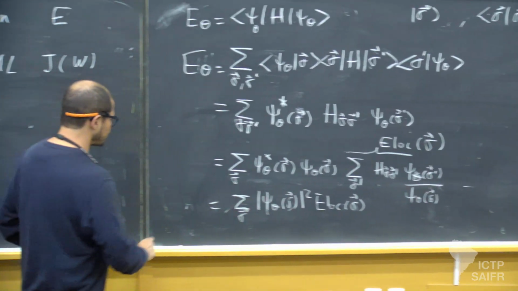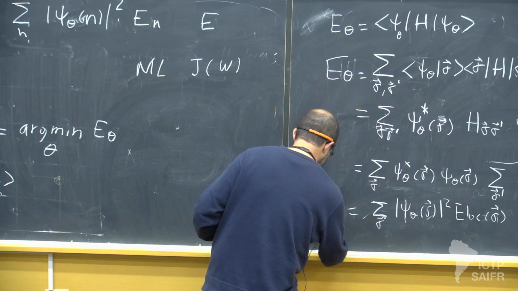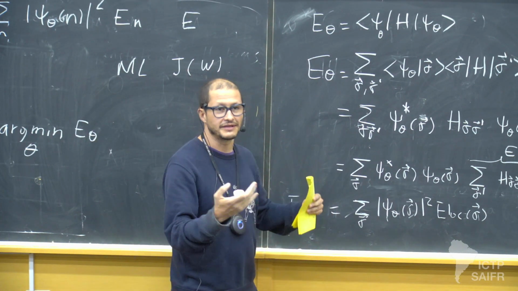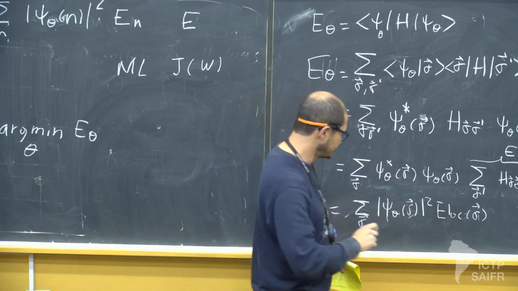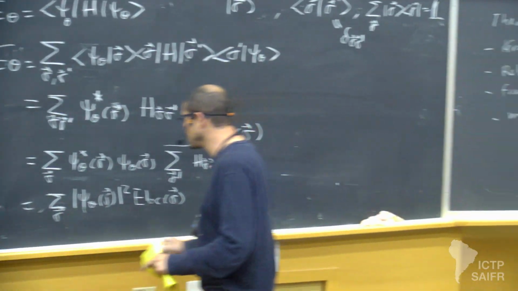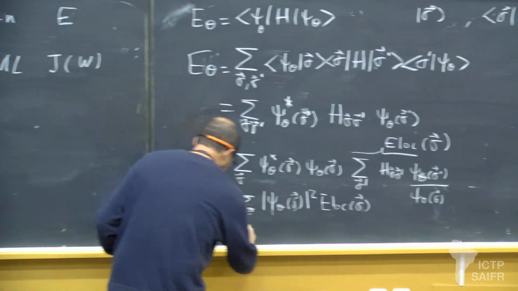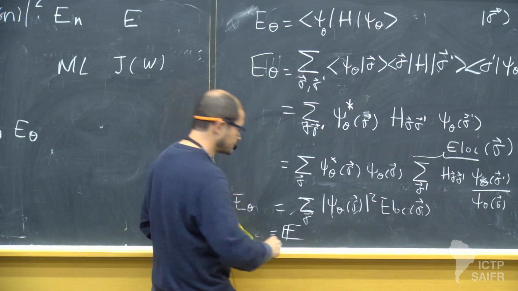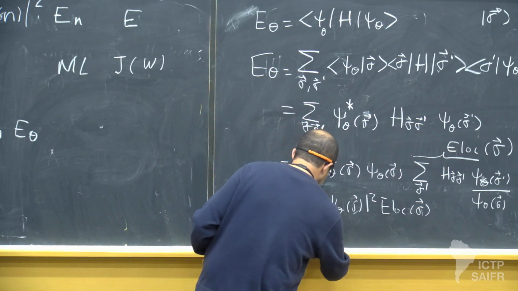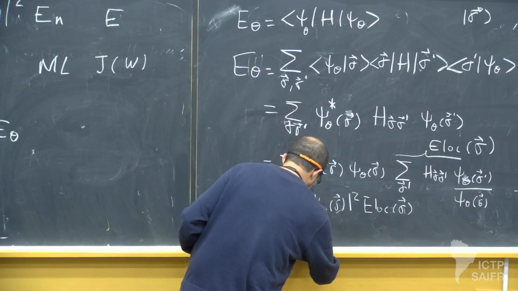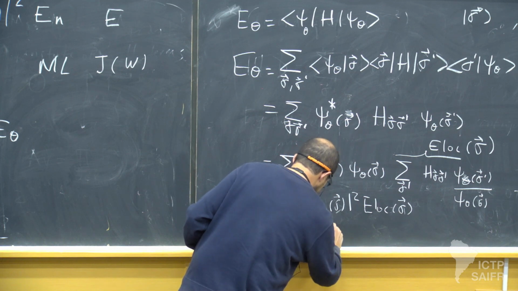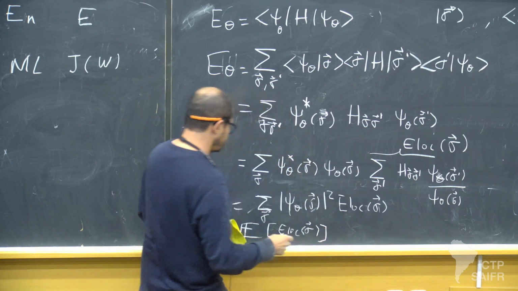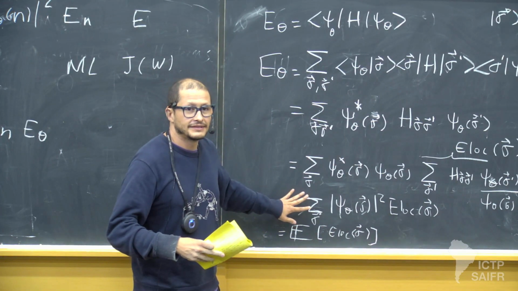Good. So now we have a rewriting of the expression that looks a little bit better in some sense. This looks like the statistical expected value of what object? Of the random variable E loc of sigma. Is this okay, right?